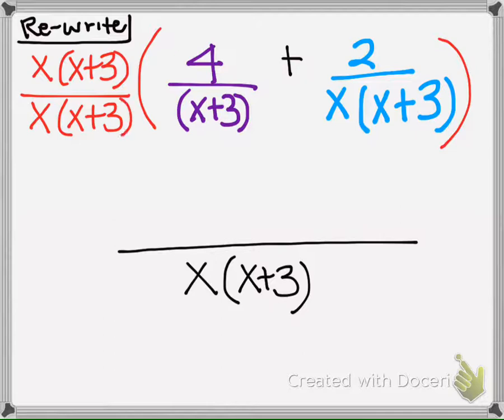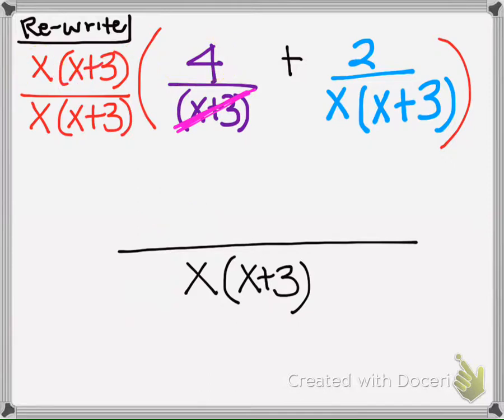What's going to happen here is this x plus 3 is going to cancel out with this x plus 3. Now this is never going to be able to cancel out diagonally. That's why it's over here. But what's not going to cancel out is this x, so we need to multiply this x and this 4. So we have a 4, and then it needs to be multiplied by this x.